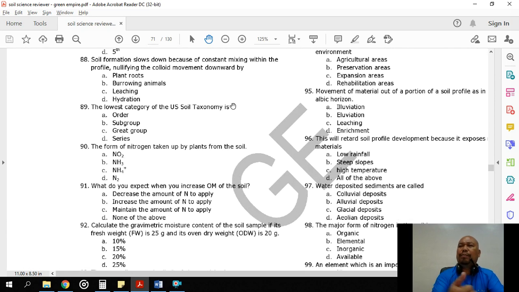Number 88. Soil formation slows down because of constant mixing within the profile, nullifying the colloid movement downward by plant roots, burrowing animals, leaching, or hydration. This is such a long question, but what is pulling the colloid downward?